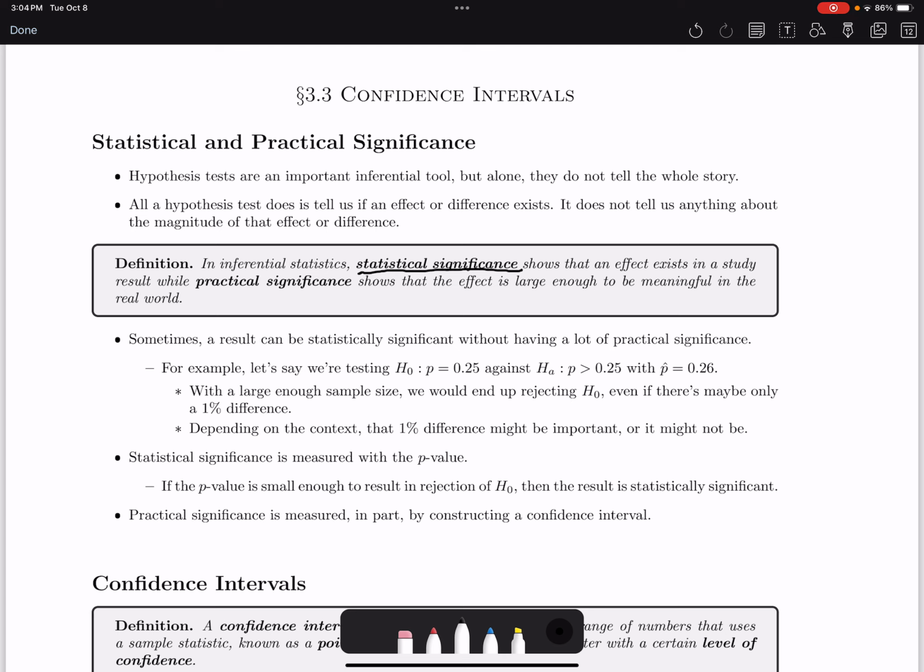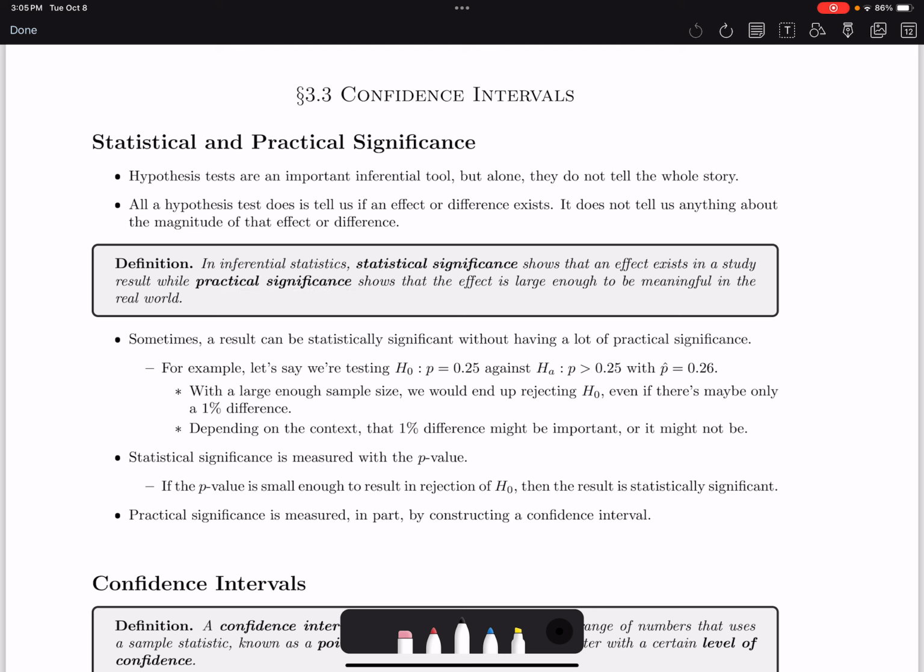That our p-value is less than our level of significance. Practical significance is a little bit more slippery, but one of the ways that we can get our heads around whether a result is practically significant is to estimate how large the difference is, okay? And we do that using confidence intervals.